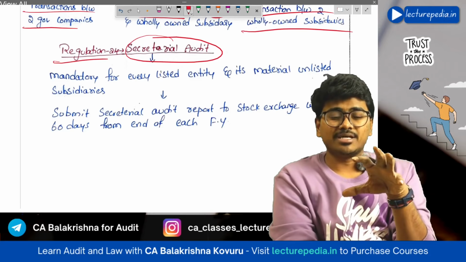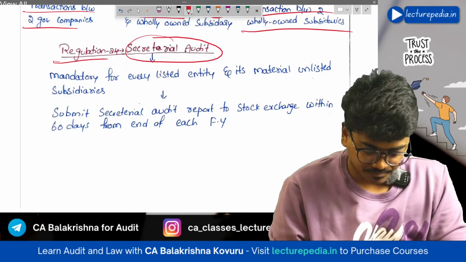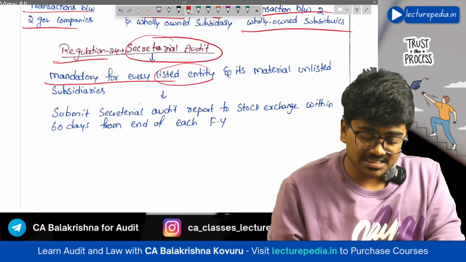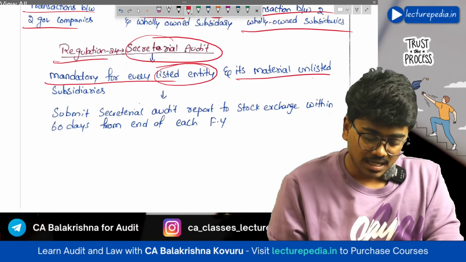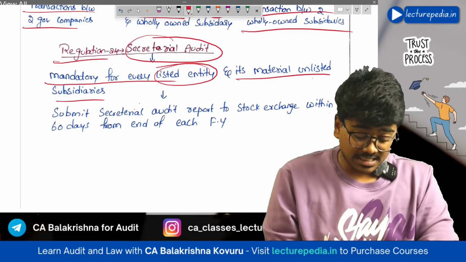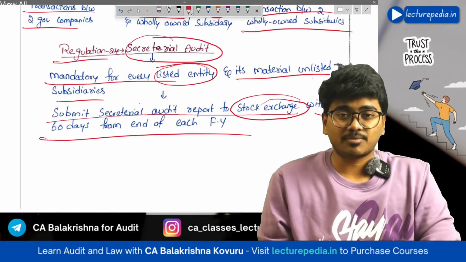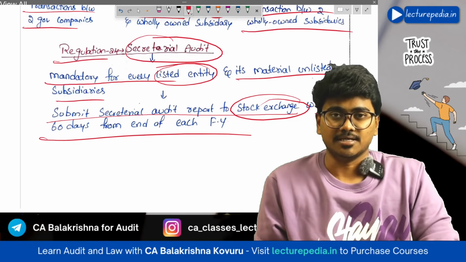That will be the basic objective of secretarial audit. It is mandatory for every listed entity and its material unlisted subsidiary to get a secretarial audit, and the secretarial audit report has to be submitted to the stock exchange within 60 days from the end of each financial year.